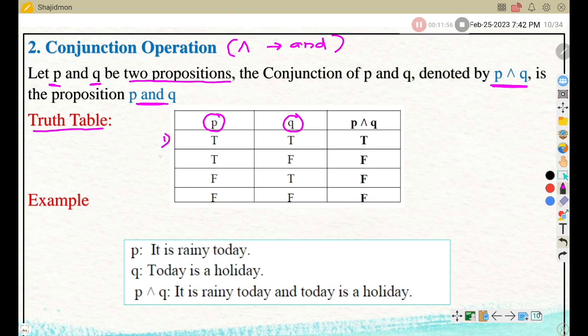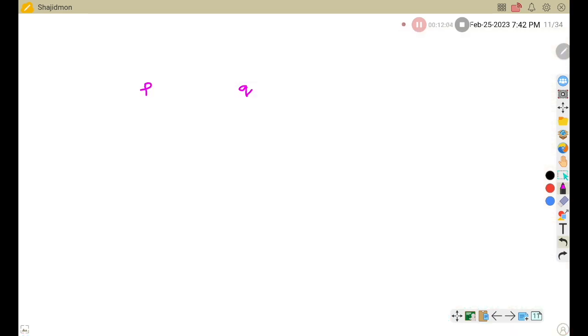First row, second row, third row, fourth row. How many rows will be there in the truth table? If we have two variables, one variable is P and the second variable is Q, correct? So if we have two variables, the rule is 2 power number of variables, that many rows should be there in the truth table.